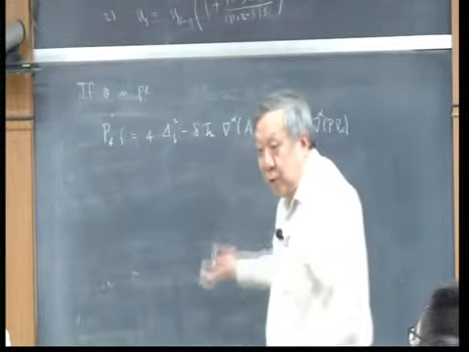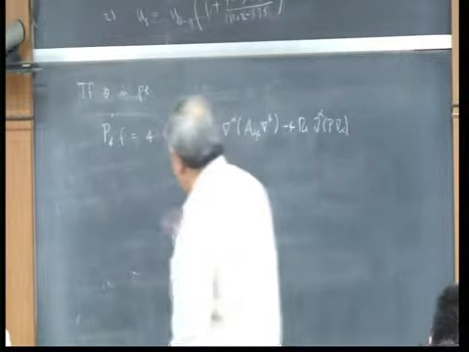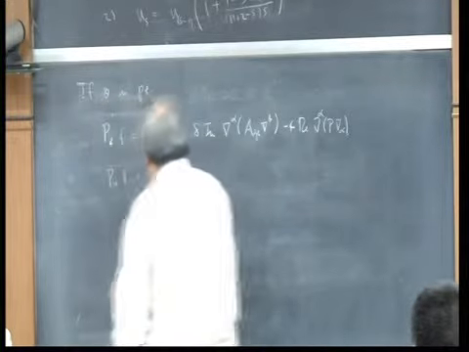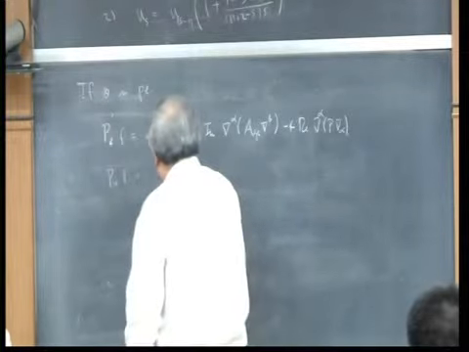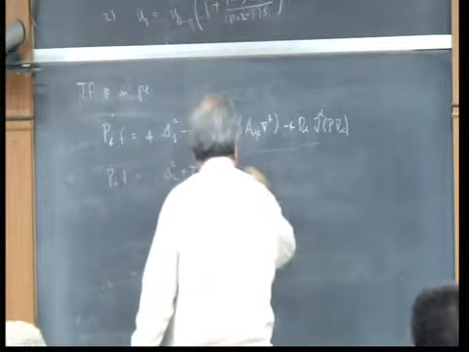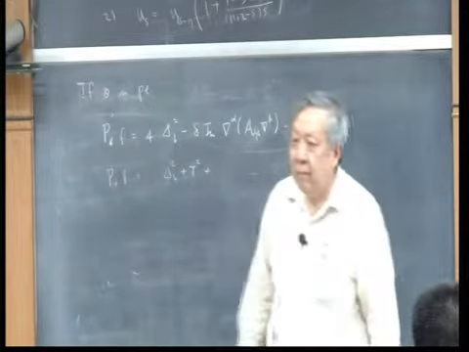This formula you can apply to any smooth function, right? If you compare that with the original P4, it's something like the sub-Laplacian squared plus T squared, and then plus terms like this. We have thrown away the T squared.